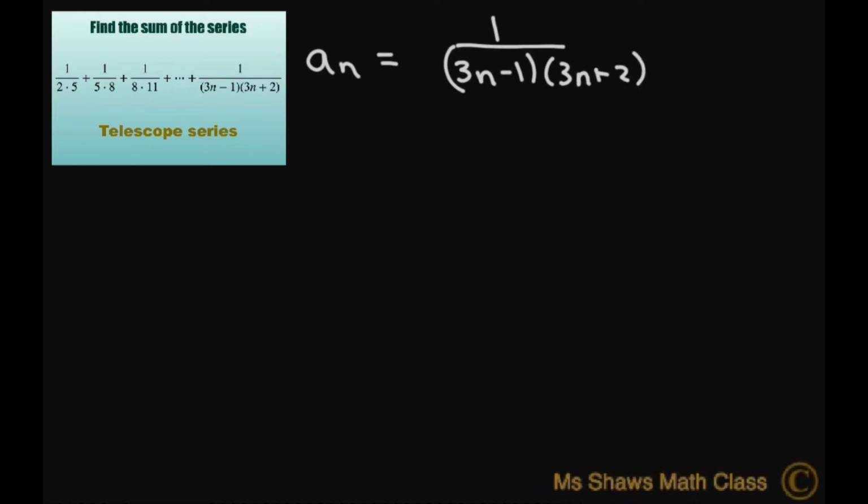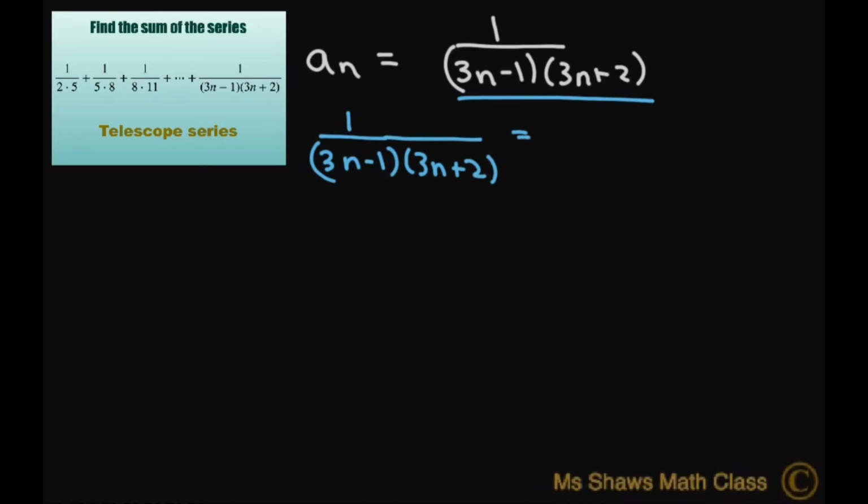Before I start, I'm going to break this up using partial fraction decomposition. The way to do that is to set 1 divided by 3n minus 1 times 3n plus 2 equal to A divided by 3n minus 1 plus B divided by 3n plus 2.